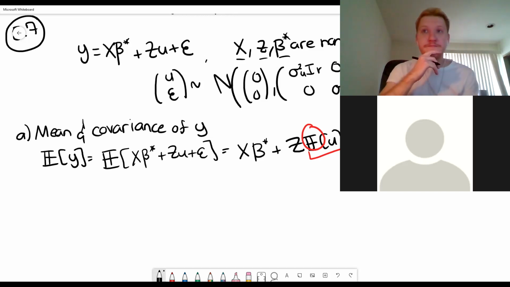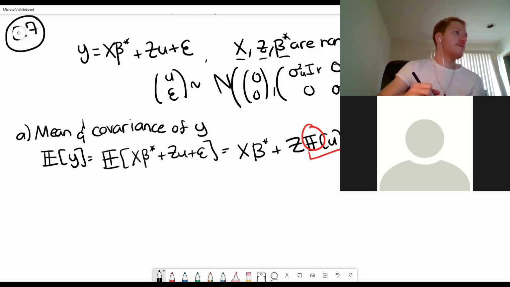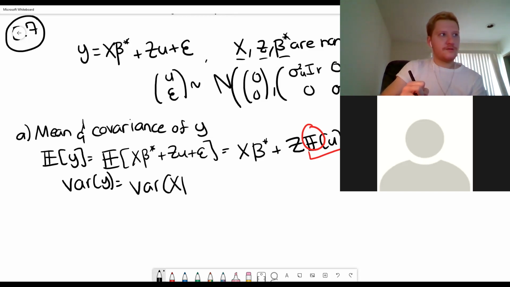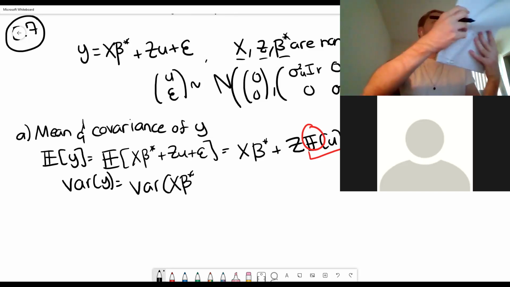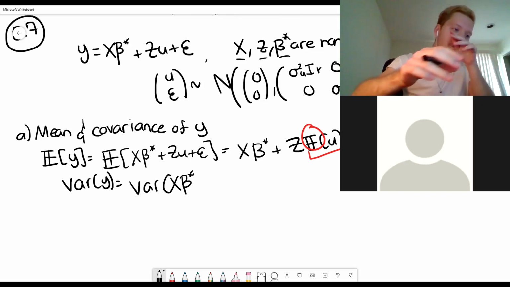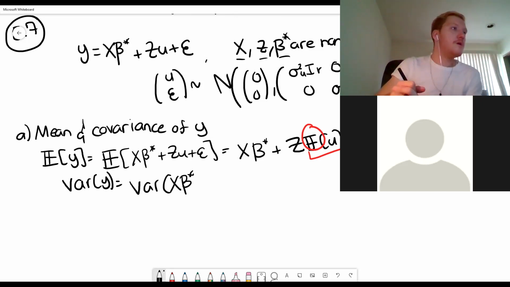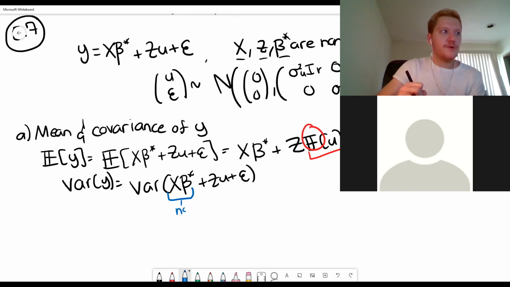Now for the covariance. The variance of y is similarly the variance of x beta star plus zu plus epsilon. Again, x beta star is non-random, so we can just pull it out.